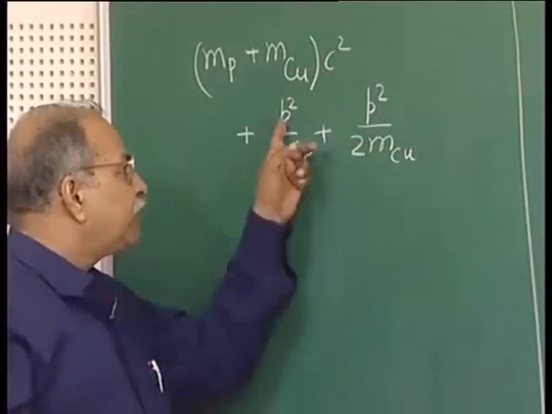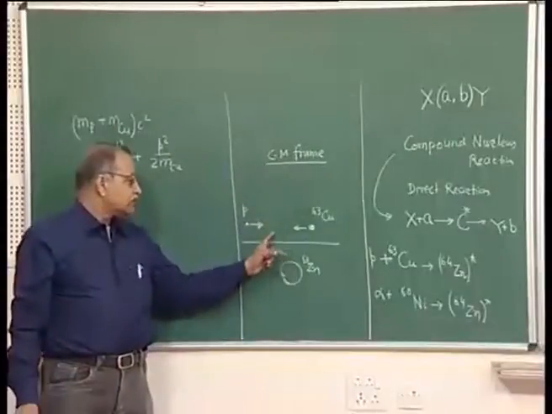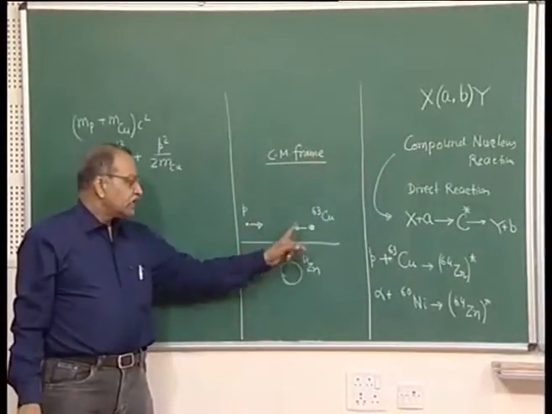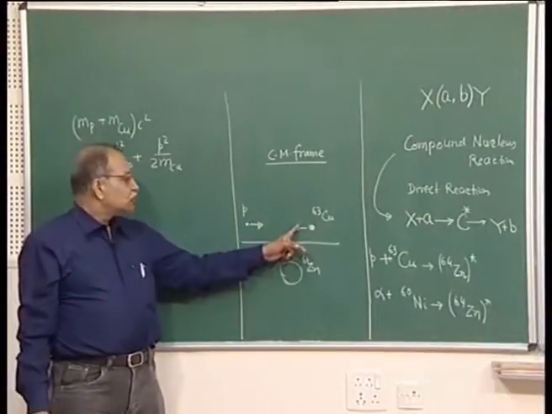I am writing the same p because in the center of mass frame the magnitude of momentum here and here should be the same.